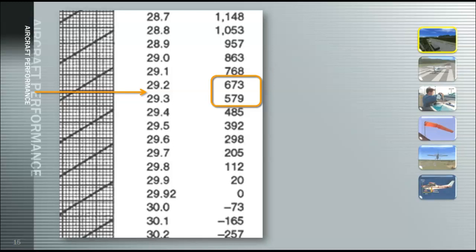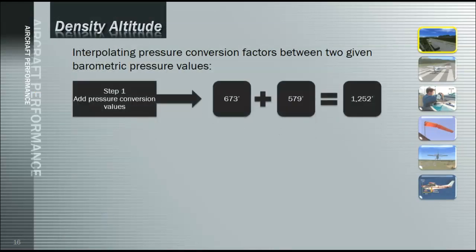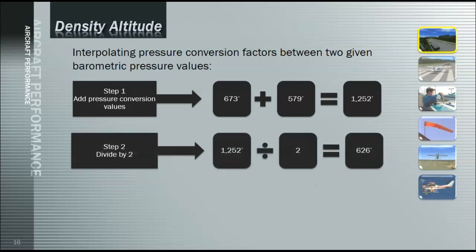So since we're halfway between these altimeter settings, we need to interpolate between the two adjustments. The first step is to take the numbers and add them together. So 673 plus 579 is 1,252. Then we divide it by 2 to get the halfway mark. Halfway between those two numbers is 626 feet.